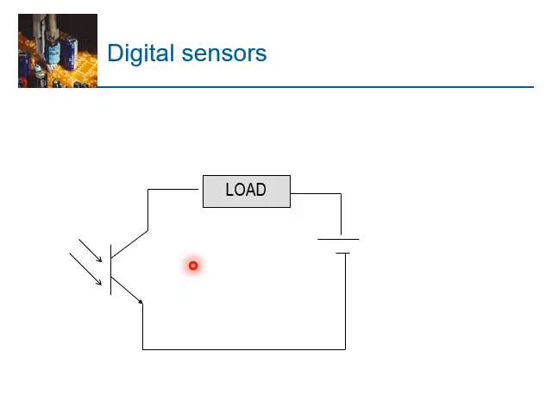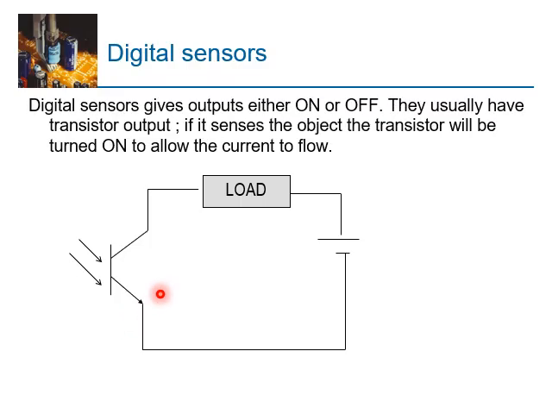Now this is an example of a digital sensor for switching a light bulb on and off. If it senses the object, the transistor switch will be shorted and the load can carry the current.